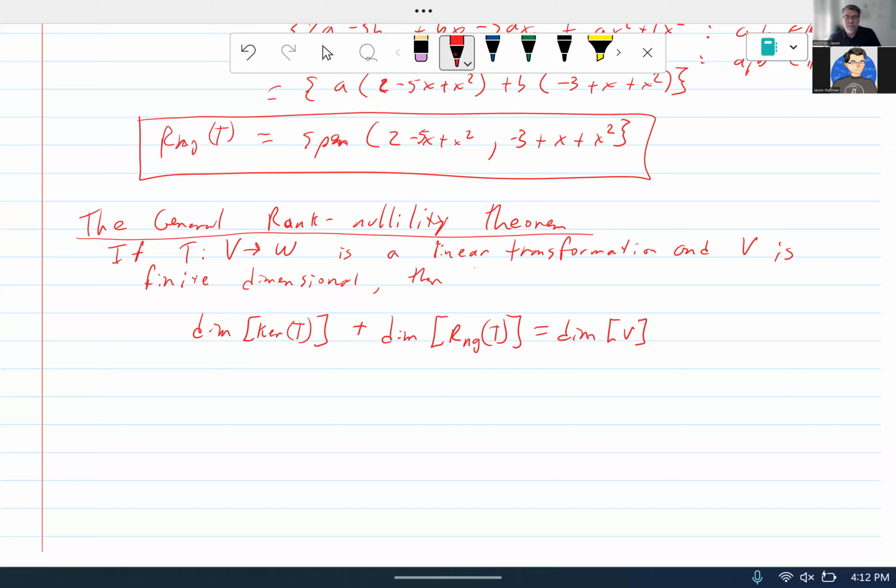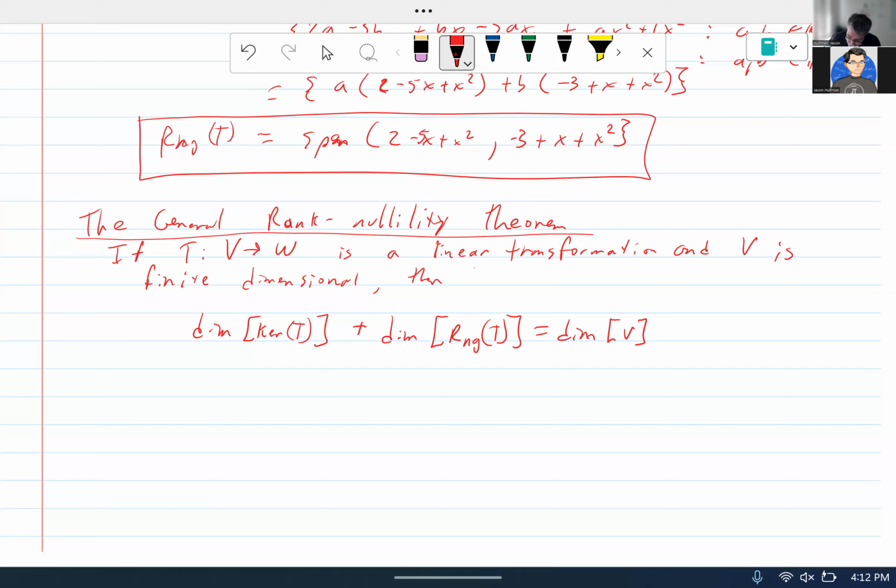But we have generalized it to any linear transformation: the dimension of the kernel of T plus the dimension of the range of T equals the dimension of V.